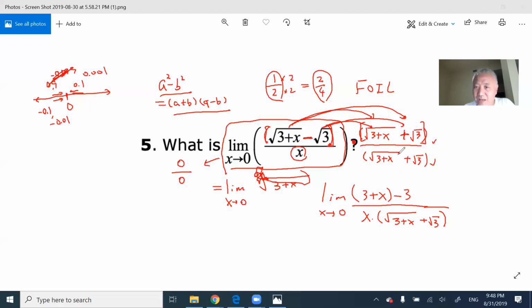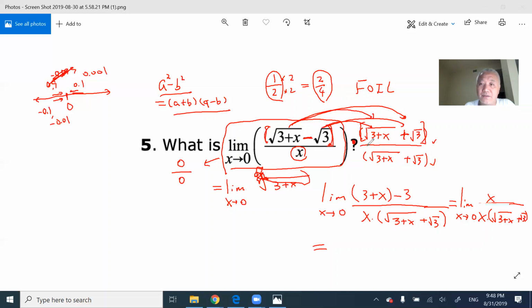That's why we times the conjugate of this. When we do this, we will get limit x approaches 0. Top part 3 cancels, so you have x over x times by parentheses square root 3 plus x plus square root 3, okay, like this. Now, when we got this one, you see here, I changed the color.